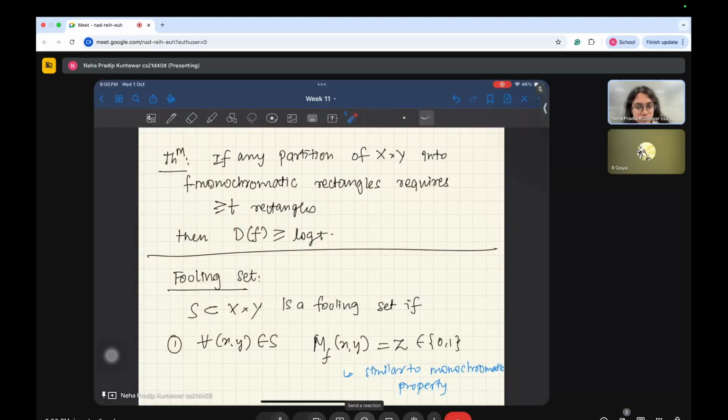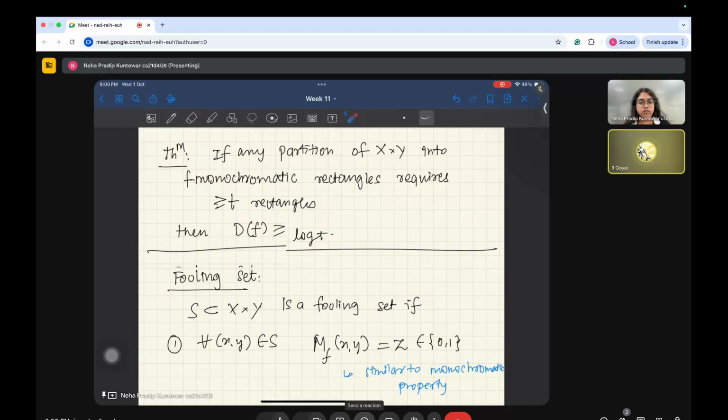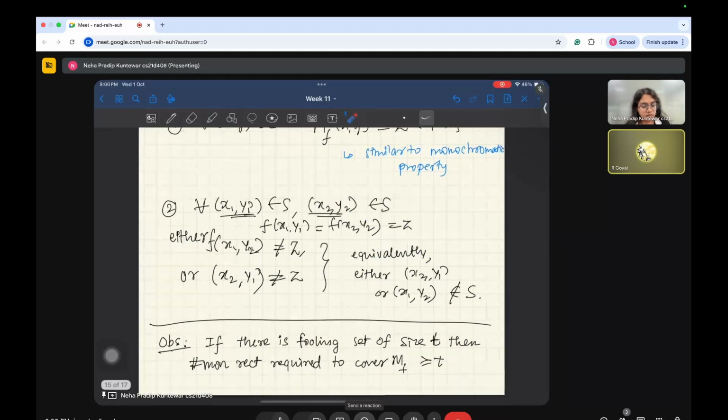I could not understand the last line of this observation: if there is a fooling set of size T, then the number of monochromatic rectangles required to cover. How is it possible that we cover the entire matrix through monochromatic rectangles only?